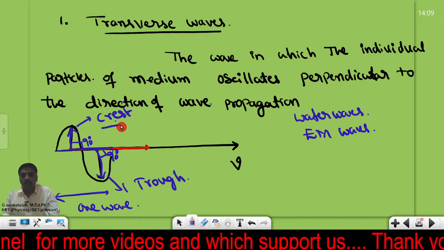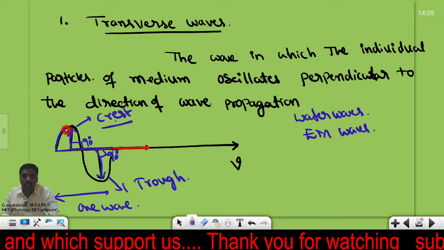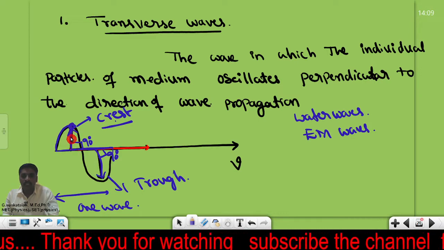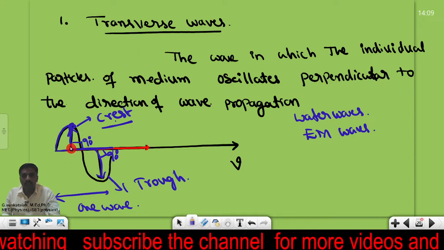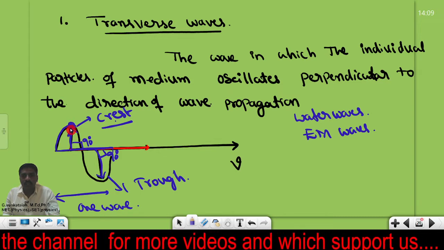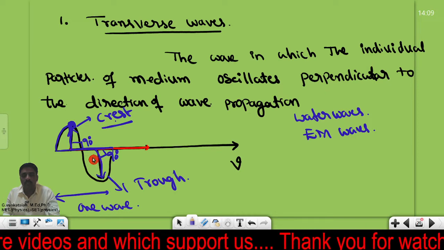Now let me go to what is meant by crest. The crest is the maximum displacement of the particle in the upward direction in the transverse wave. It is the point where the maximum displacement occurs in the positive or upward direction.